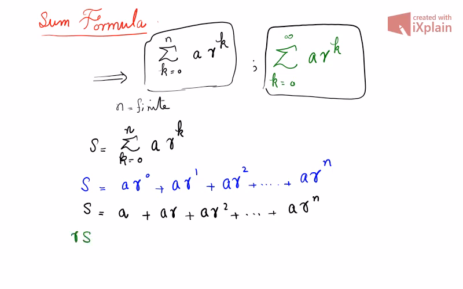So let's multiply this common ratio on both hand sides, on the left hand side as well as on the right hand side of this equation.